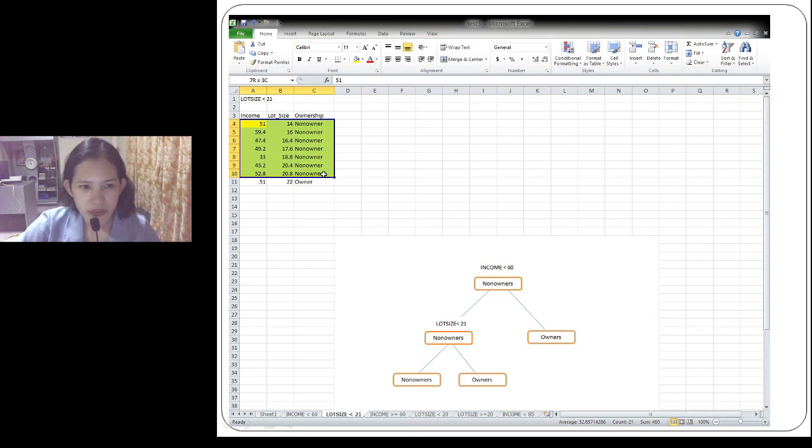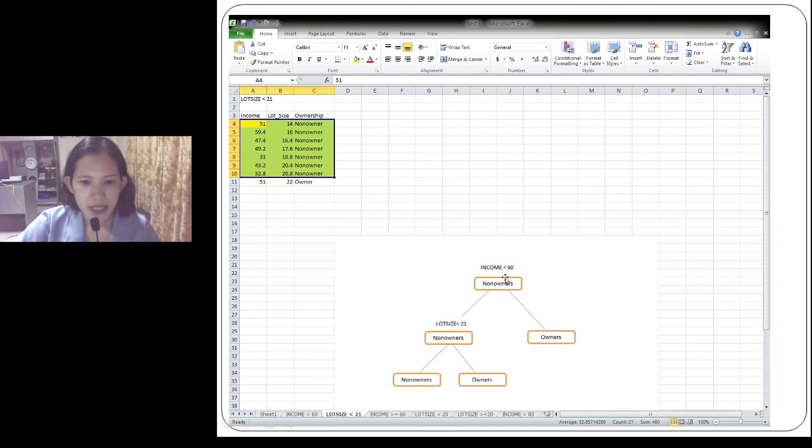As we observe here, all the highlighted records are in one class, which is non-owner. So this means that there is no need for splitting. All of the records whose lot size is less than 21 under this node are non-owners, so we don't need to split this node anymore.